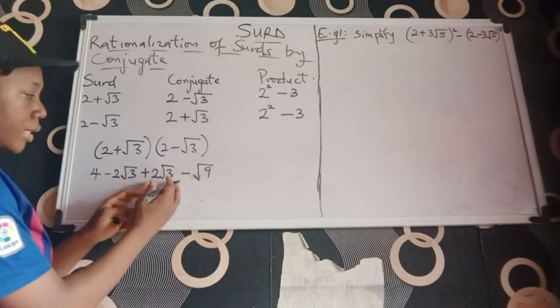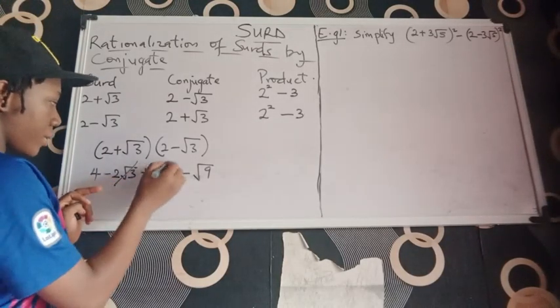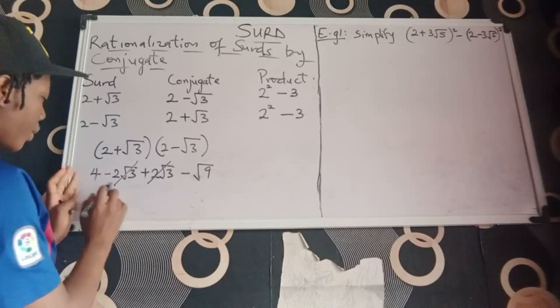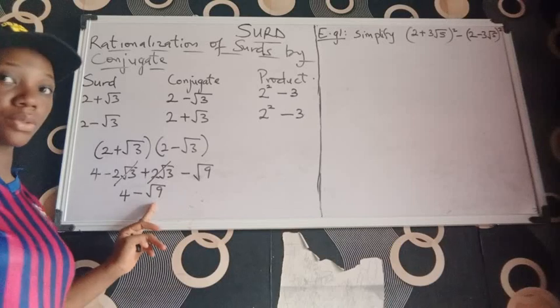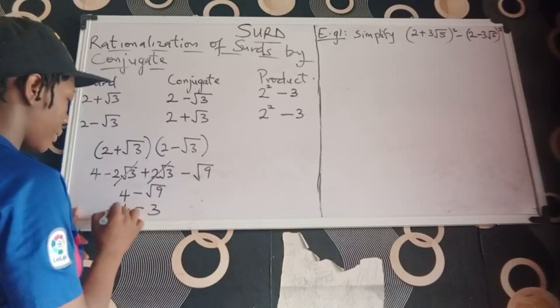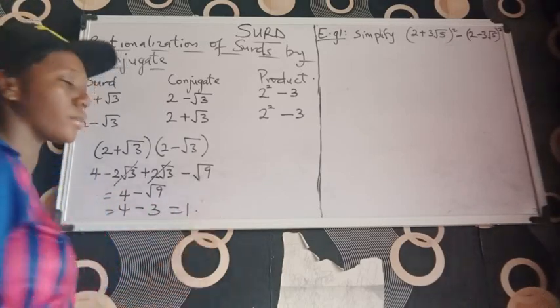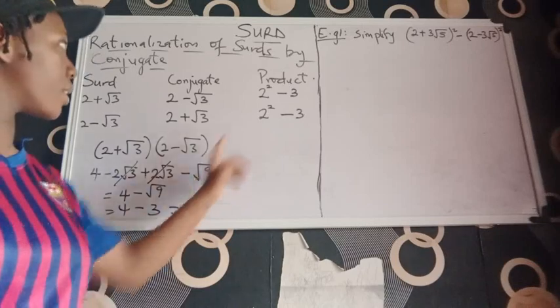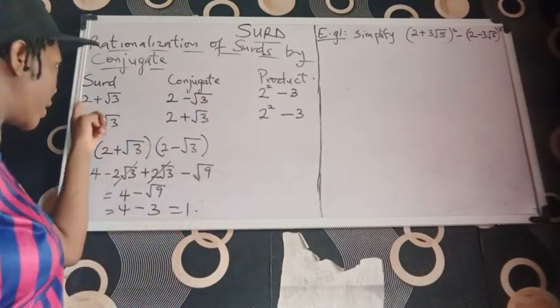You can see that this and this are the same, but this minus this gives us 0. So what we have left is just 4 minus root 9. What is root 9? Root 9 is 3. And what is 4 minus 3? 1.